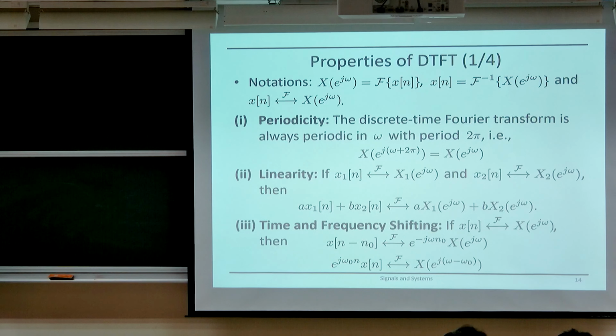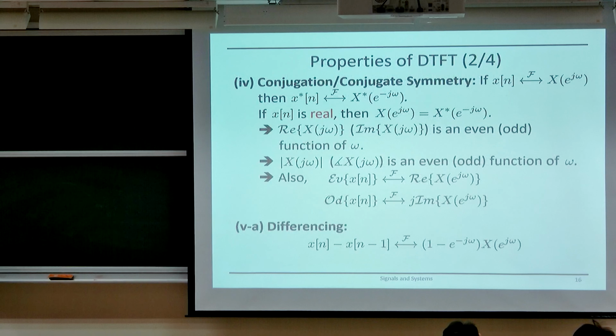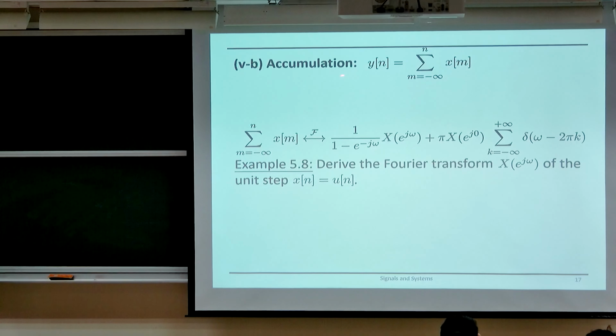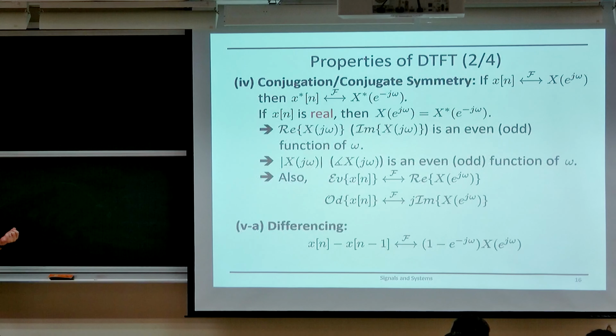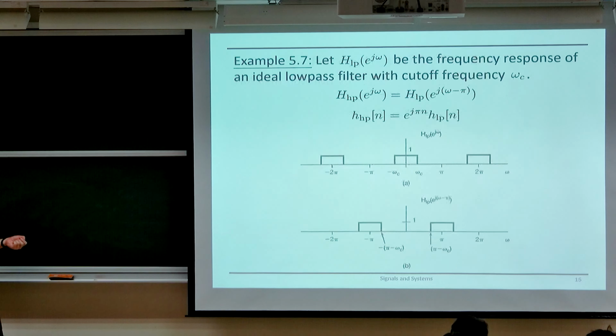Things like linearity, time or frequency shifting, or things like conjugation, differencing, which is analogous to differentiation, or accumulation, which is analogous to integration in the continuous time case. So all of these properties we also have for the discrete time Fourier transform.